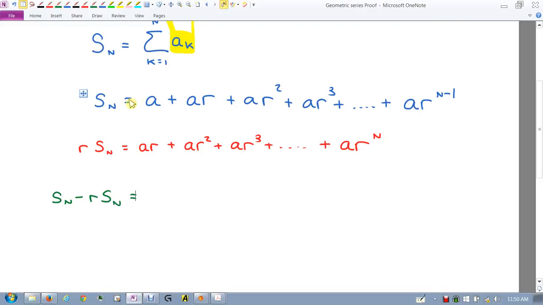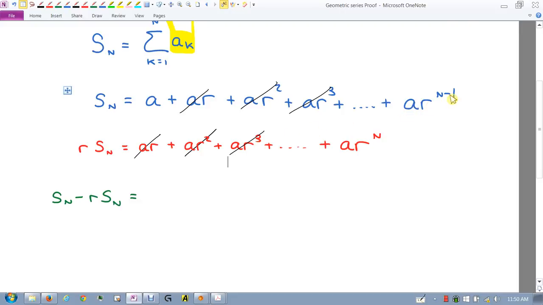So take this s sub n and subtract from it this. So a, take away, there's no a's here, right? I can't just take away an a. How about AR? Do I have AR here? Yes. So this one would cancel with this one. AR squared, take away that AR squared. AR cubed, take away that AR cubed. And we do that all the way down here.